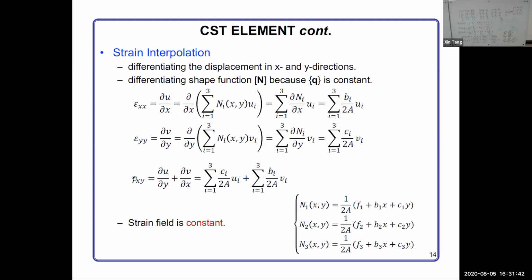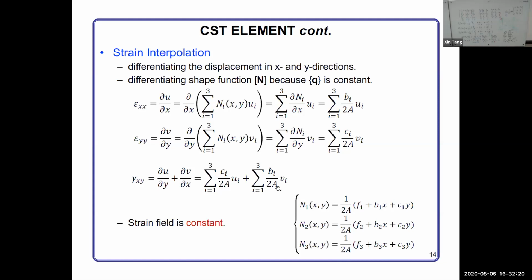Gamma XY, the shear strain, equals partial U, partial Y plus partial V, partial X. Here we don't have 1 over 2. In elasticity you usually have a 1 over 2, but we don't consider that for now. We consider the shear strain to have only 2 terms. Partial U, partial Y gives C1 over 2A, C2 over 2A, C3 over 2A.